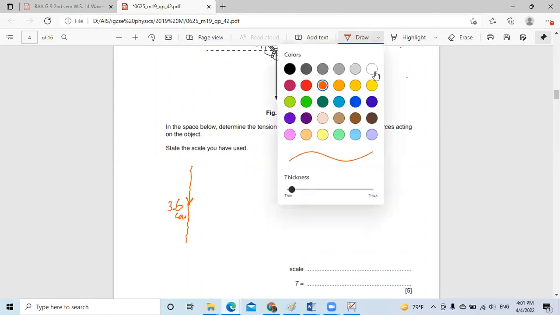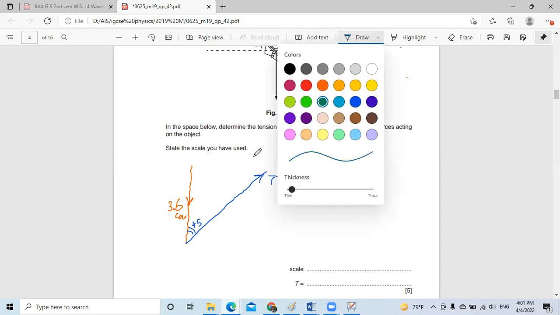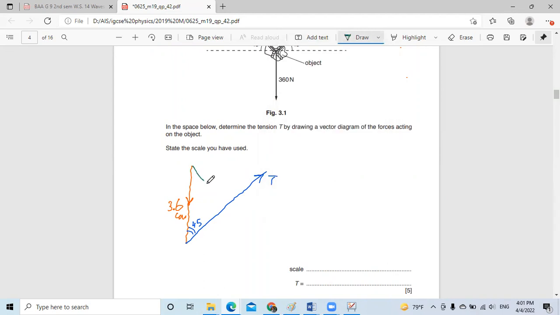Then I'll bring two arrows, or two forces. One is in this direction with an angle of 45 degrees. This is the tension direction, and one in the other direction, like this, also with the same angle, 45 degrees. It will act in this direction. So the point of intersection shows me how much this force is.